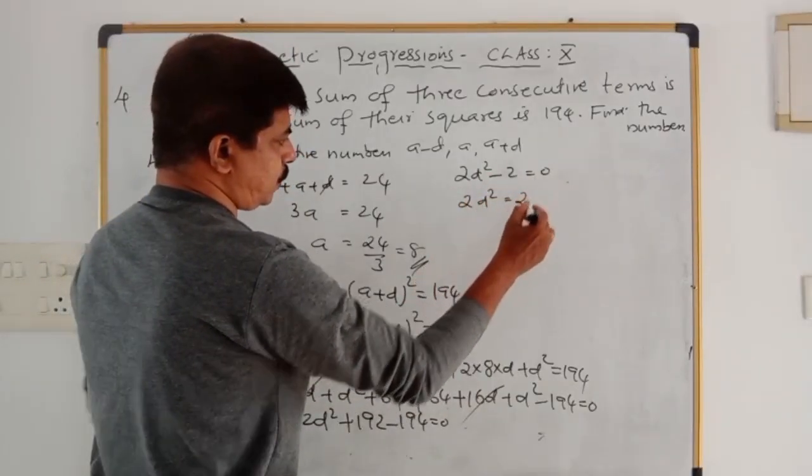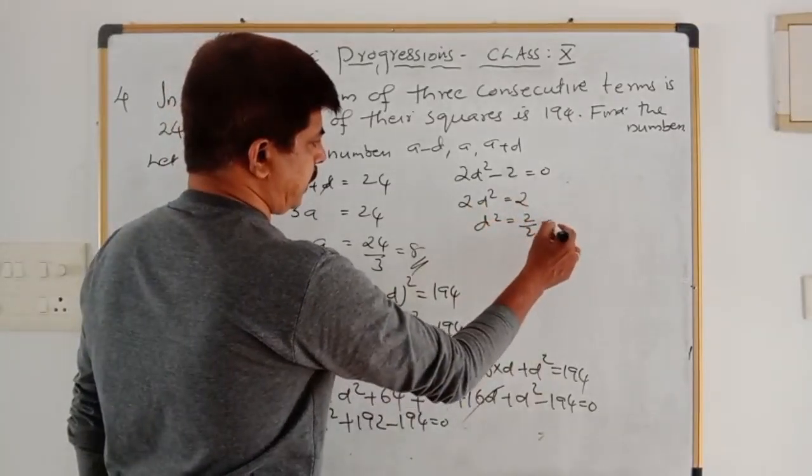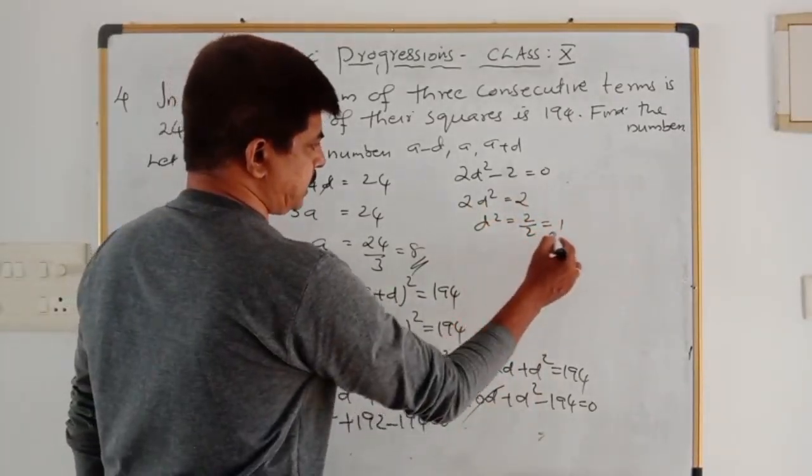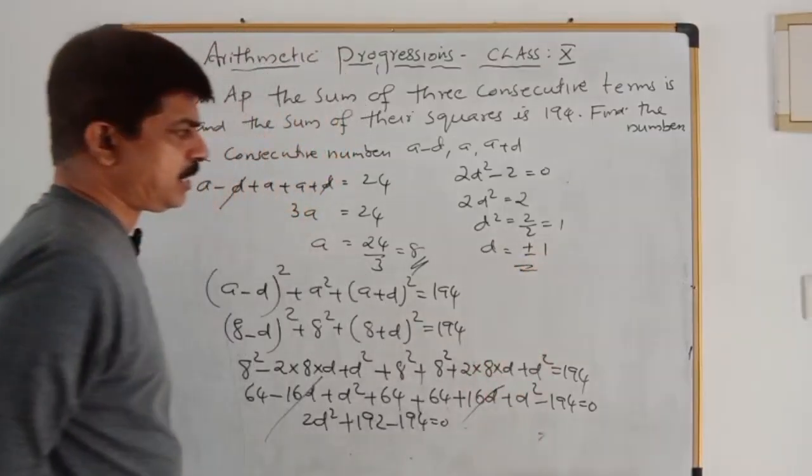From this we are going to find the D value. D square is 1, so D is equal to plus or minus 1.